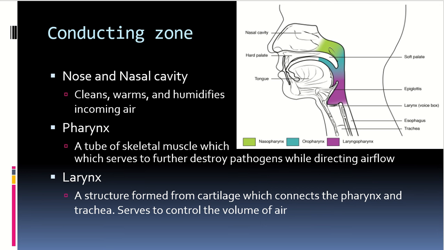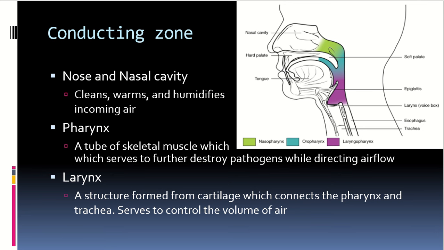It cleans air, it helps warm it going through your nasal passageways, and it helps humidify it so that it's at a better set of parameters as it's going into your lungs.